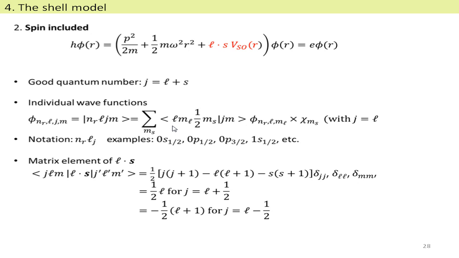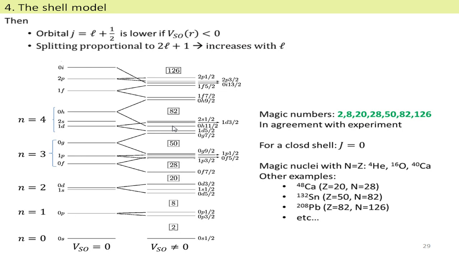Then you compute the matrix element of L dot S, and as usual, it is done by taking J squared, so it is a very simple calculation. And you find 2 different values, one positive, one negative, according to whether J is L plus 1/2 or L minus 1/2. So these are standard results in the shell model.